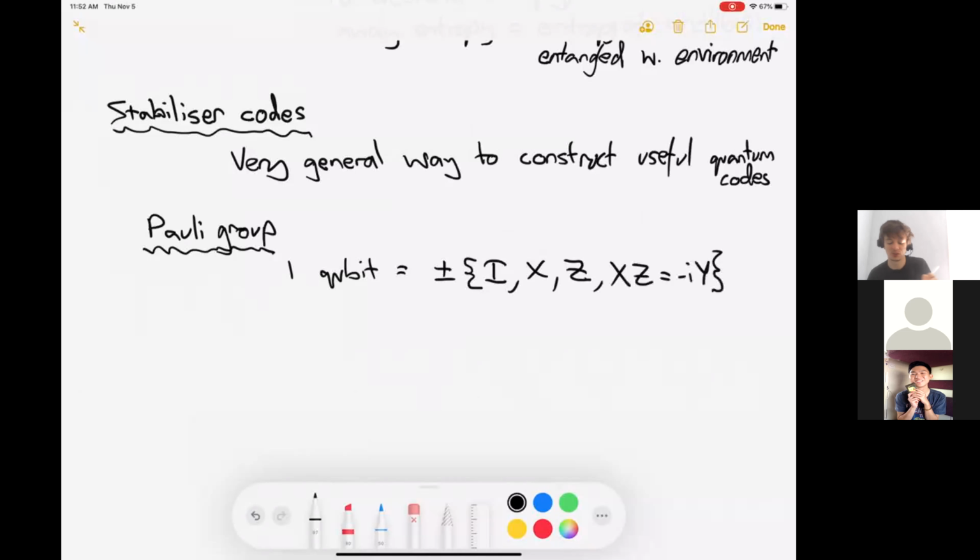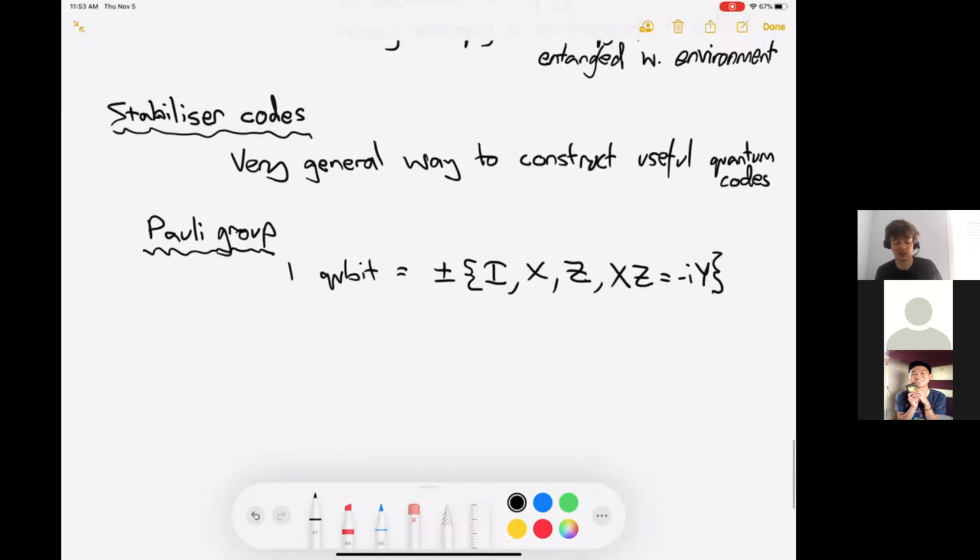Okay, so it's slightly confusing. Y is not actually a matrix in the Pauli group. Instead, iY or minus iY is. And the reason we define it this way is that this forms a group, a non-Abelian group.